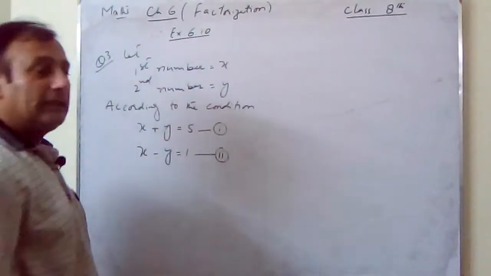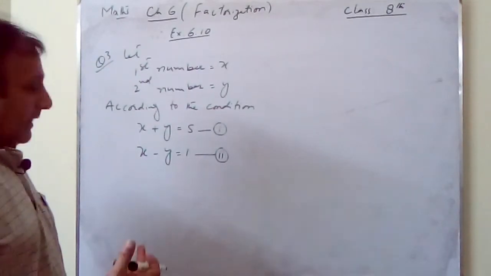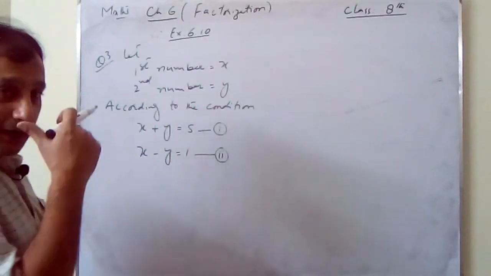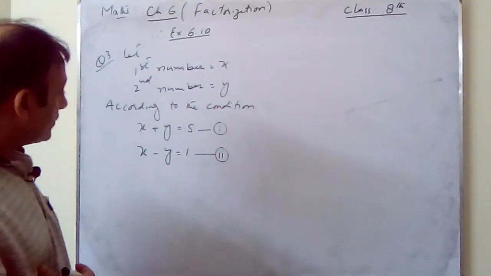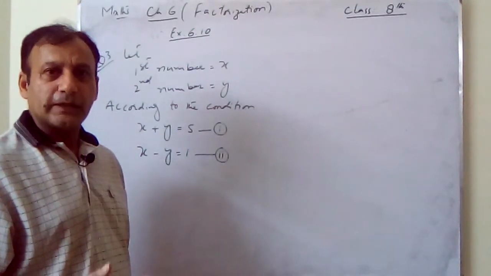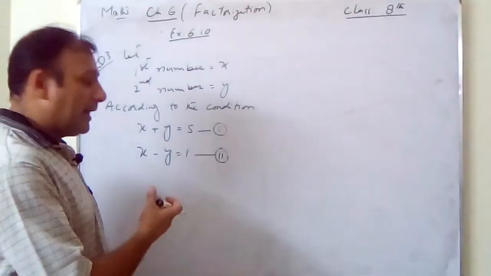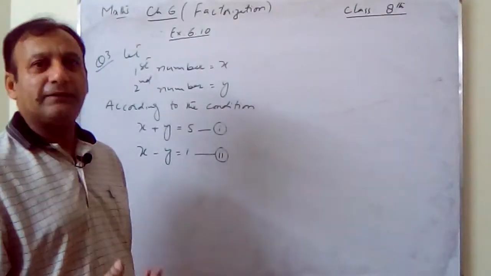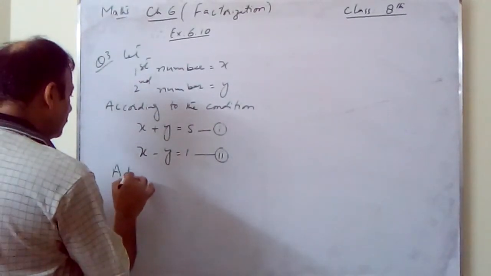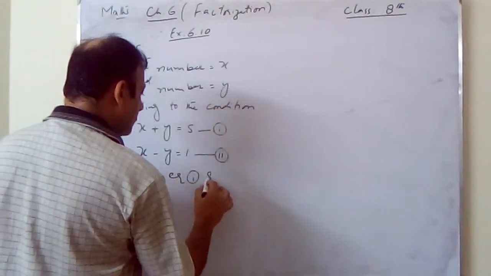Now we have these two linear equations, and we can solve them to get the x and y values. In exercise 6.9, you already solved these linear equations. There are three methods: first, equating coefficients; then substitution; third, cross multiplication. So we can follow any one of these three methods. But the simple one is adding equation 1 and 2.